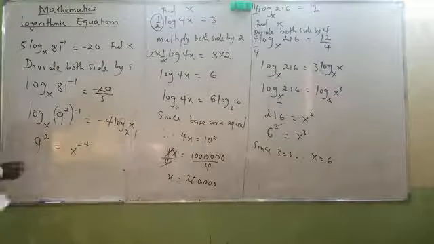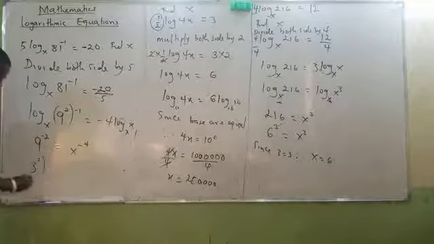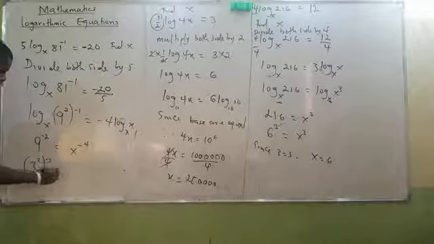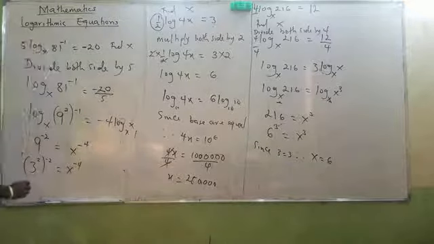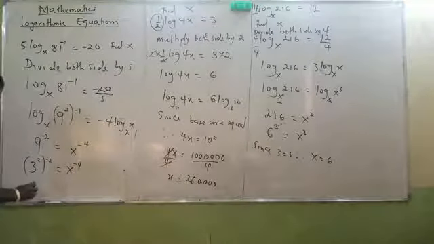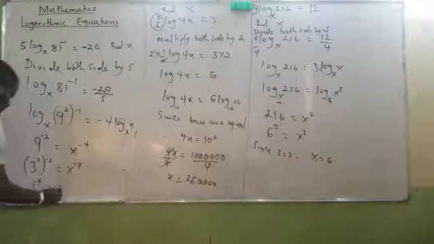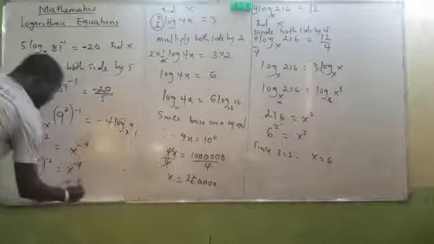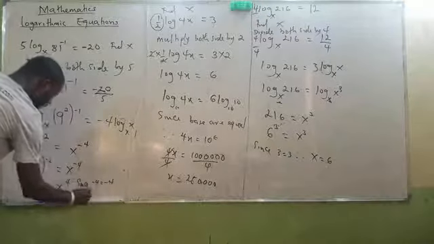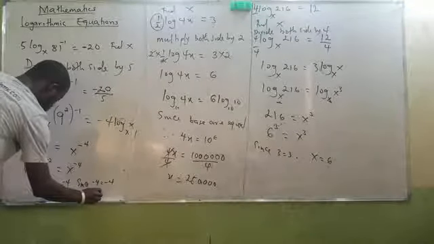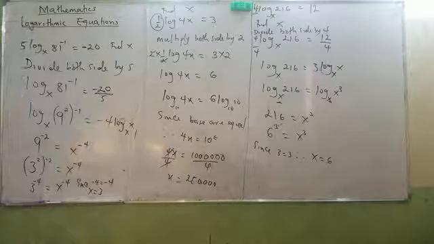Now, 3 raised to power 2 bracket of minus 2 equals x raised to the power minus 4. I can now say that 3 raised to the power minus 4 equals x raised to the power minus 4. Since minus 4 equals minus 4, my x equals 3. That's all.